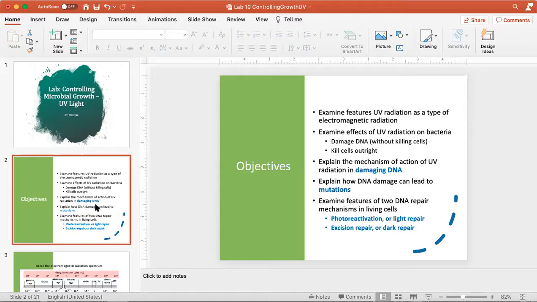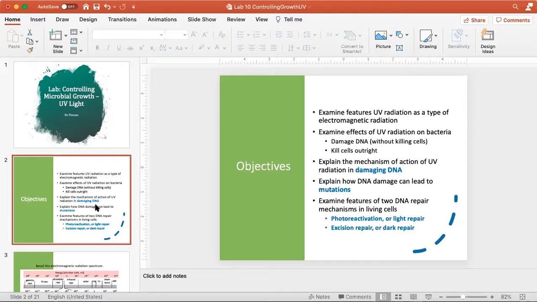We're going to talk about how ultraviolet light damages DNA in living cells, because again, even though we're thinking about controlling microbial growth, in reality, all living cells are susceptible to the effects of ultraviolet radiation.